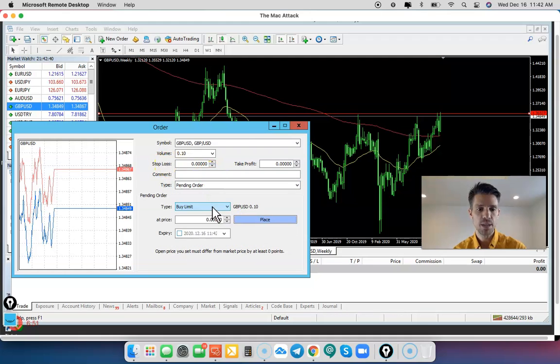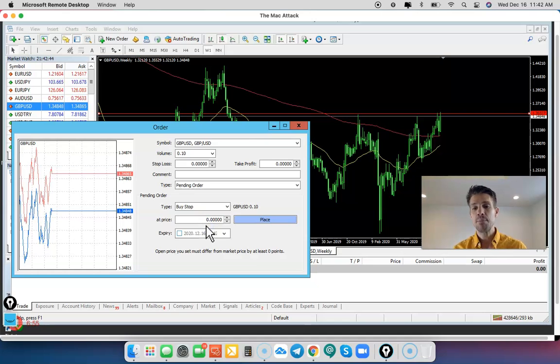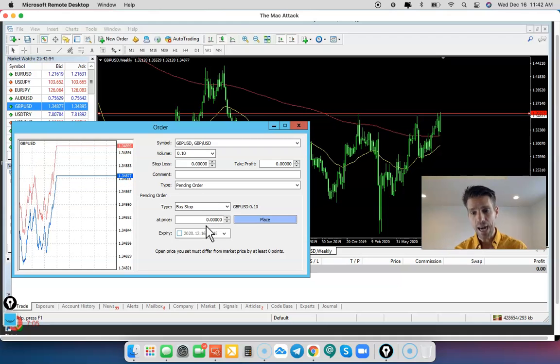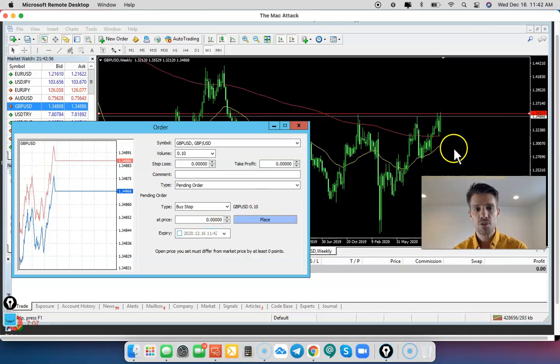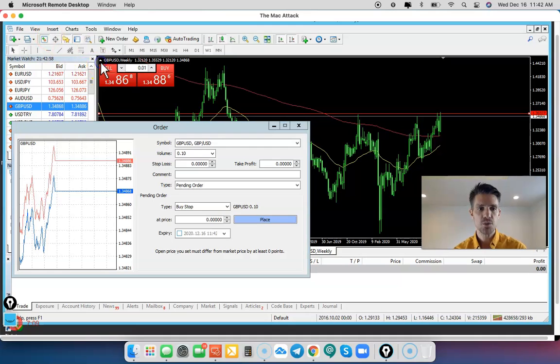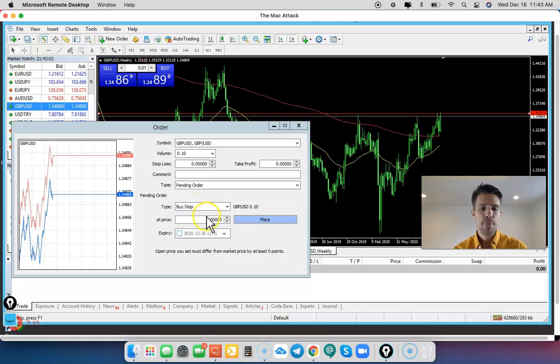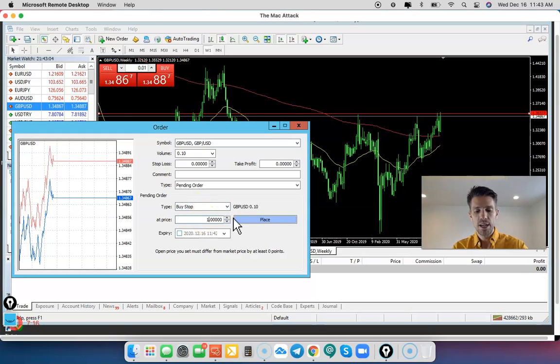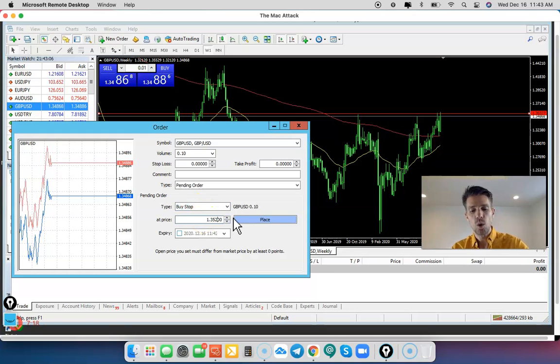So again, I'm going to go to pending order, and I'm going to go to buy stop. Now again, buy limit means I'm buying a dip or I'm buying in lower than current market price. Buy stop means essentially I'm buying the breakout, or I'm buying higher than current market price. So if I say, okay, right now, you can see this right here, the pound dollar is trading at 134.88. I don't want to buy this until 135.20, right?